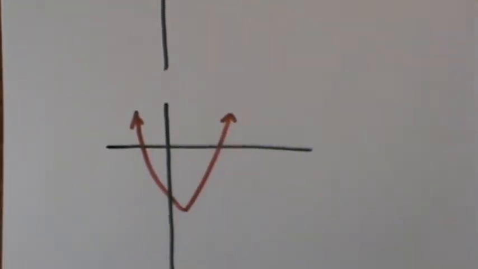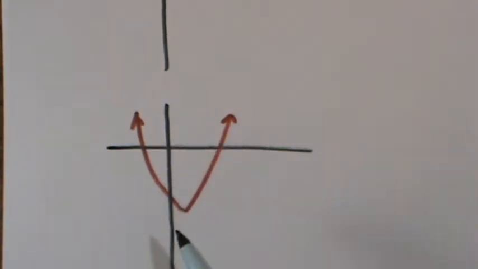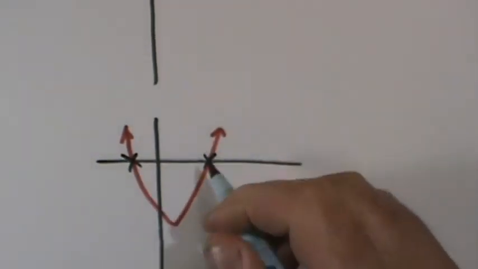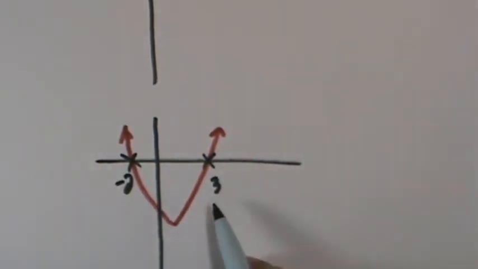Case 2, you could have a parabola that crosses the x-axis. Now when it crosses the x-axis like this, you have two scenarios. Either it can cross at nice lattice values like 3 and -2, or they could cross at irrational values.